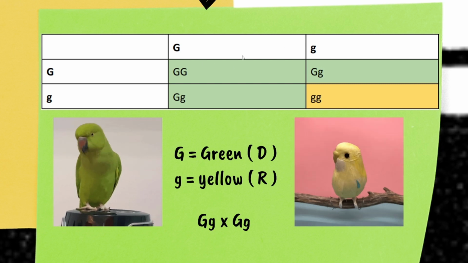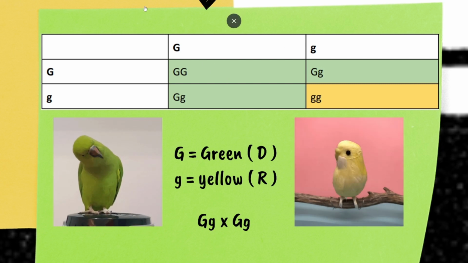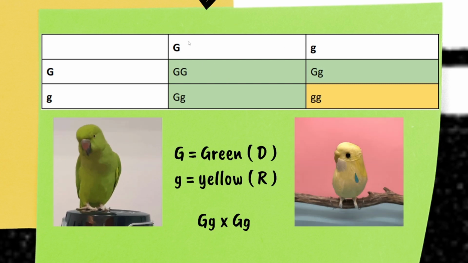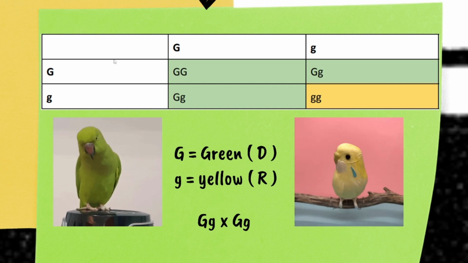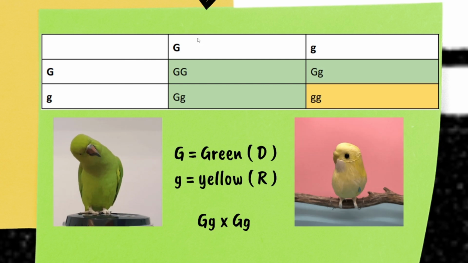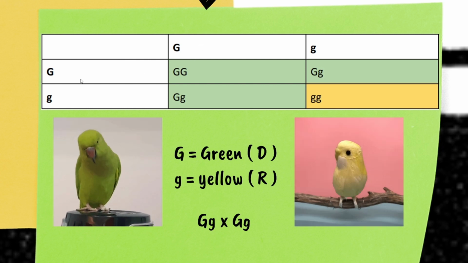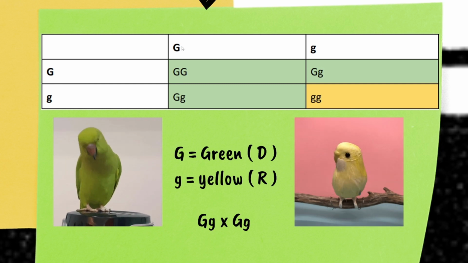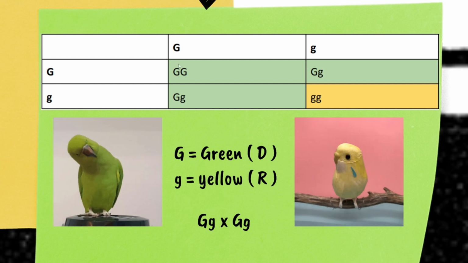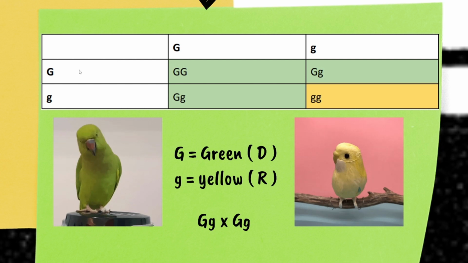Now, how does this work? So remember that we're going to make this table. We're going to write capital G small g, capital G small g. Now we can multiply them. So when we write them together, we're going to write this capital G with the capital G here.